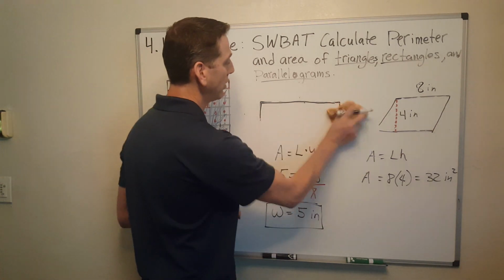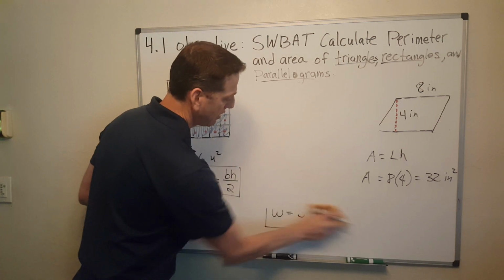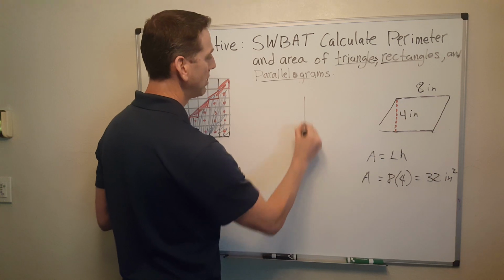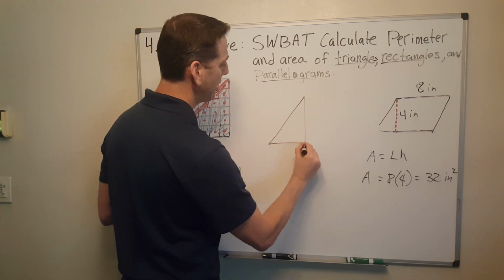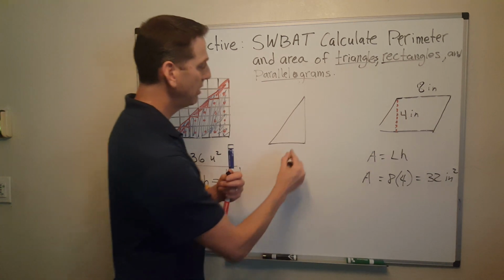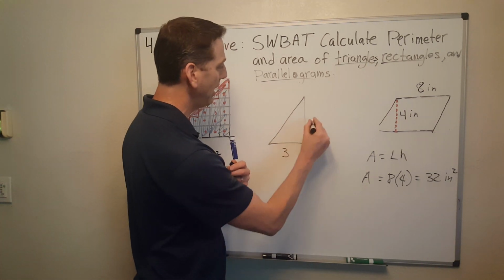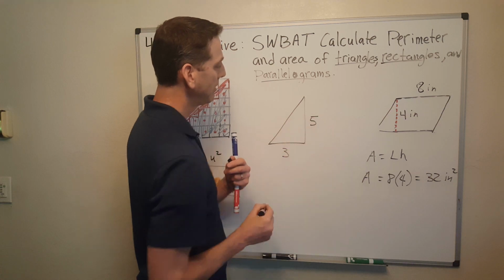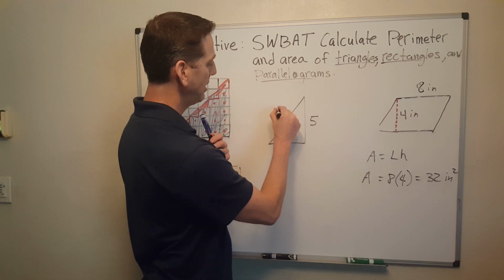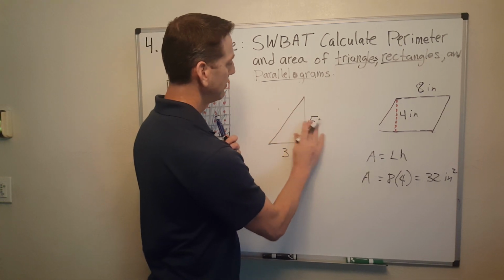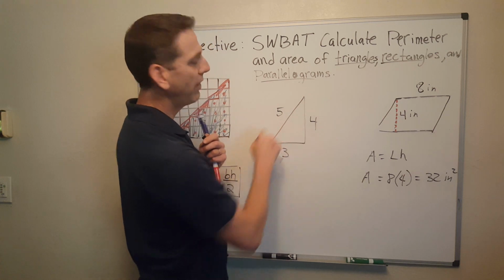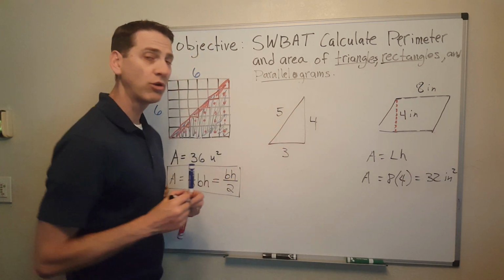So let's say we're given a triangle, any triangle. And let's say the base here is 3, the height is 4, and the hypotenuse is 5. What's the perimeter?